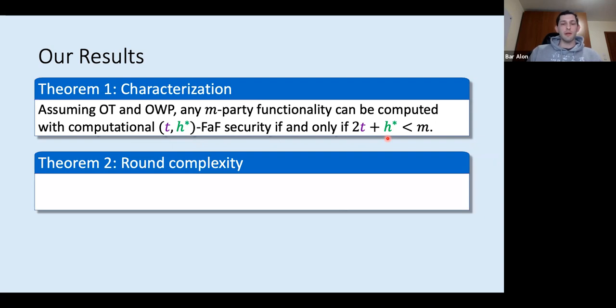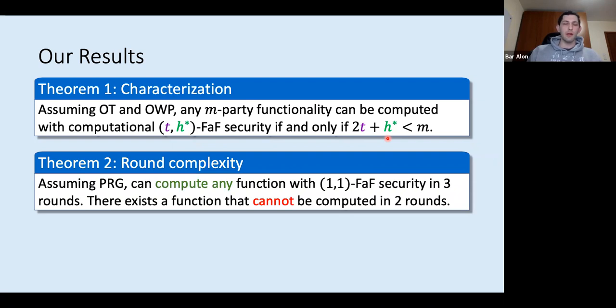The second theorem considered the round complexity. Again, under standard cryptographic assumptions, we show that any functionality can be computed with (1,1) FAF security in just three rounds. (1,1) FAF security means one malicious party and one semi-honest party, like in all of the examples I showed earlier. In fact, this positive result can also be extended to the case where there are more malicious and semi-honest parties, but I don't want to go into it.